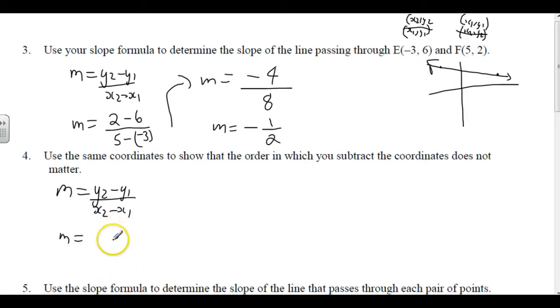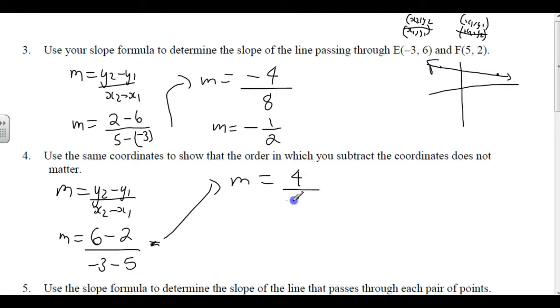And so y2 is now 6, and y1 is 2, and x2 is now negative 3, and x1 is 5. 6 minus 2 is 4, negative 3 minus 5 is negative 8, and m is negative 1/2.